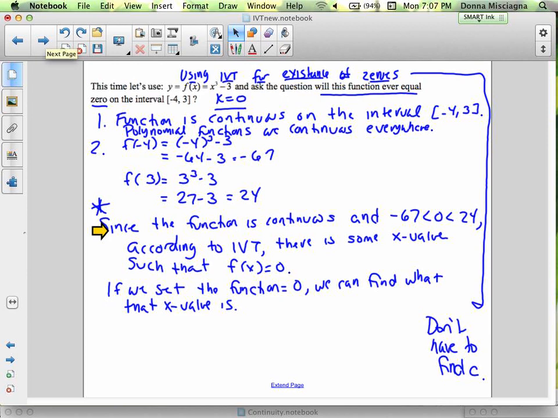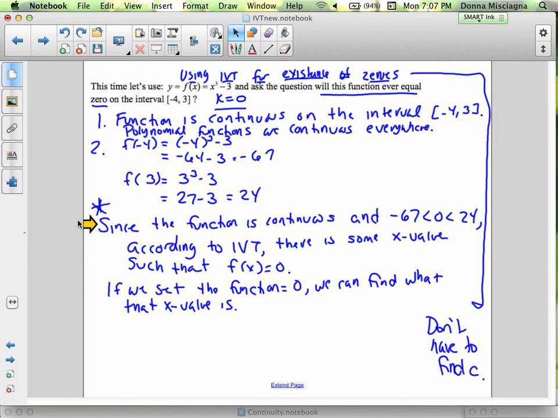This one's pretty straightforward. We're just making sure there would have to be an x-intercept, a 0 between negative 4 and 3, since our y values change signs between negative 4 and 3.